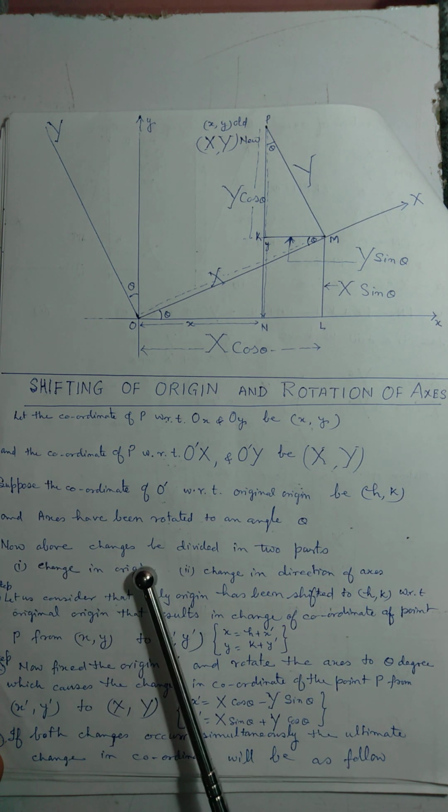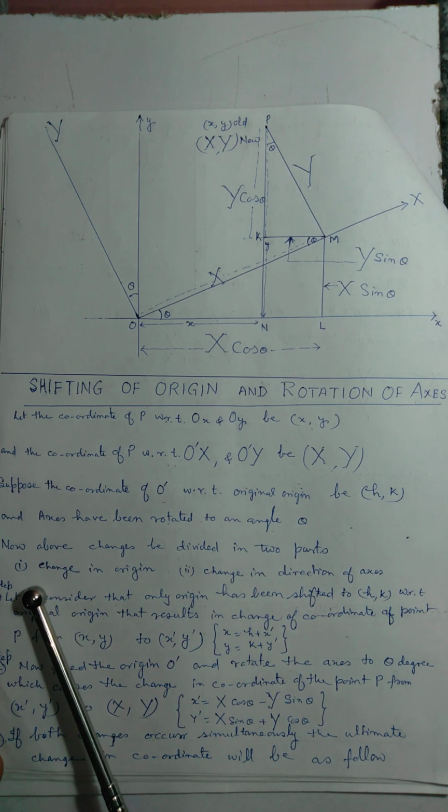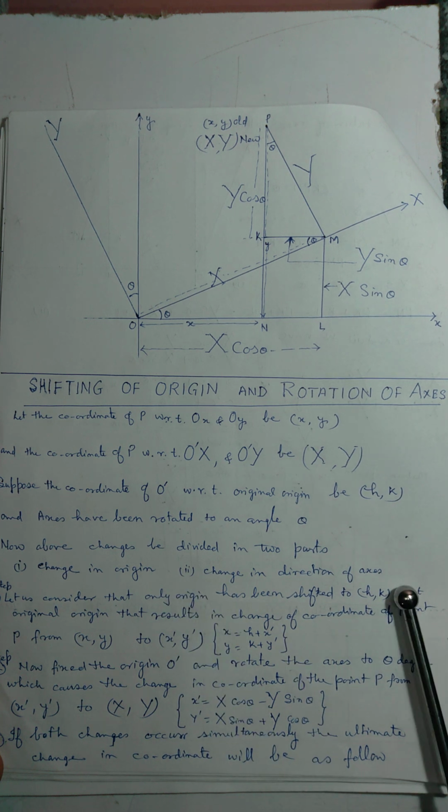Now the above changes can be divided in two parts. The first is the change in origin, the second is the change in direction of axis.